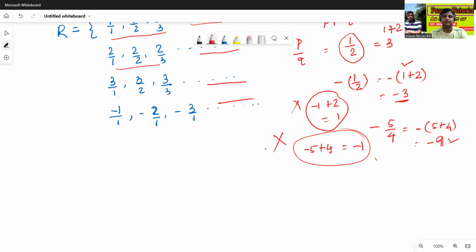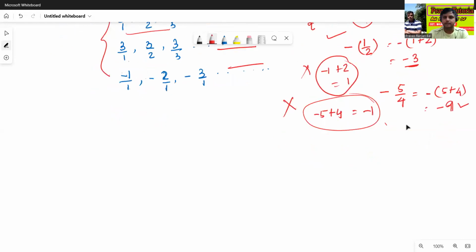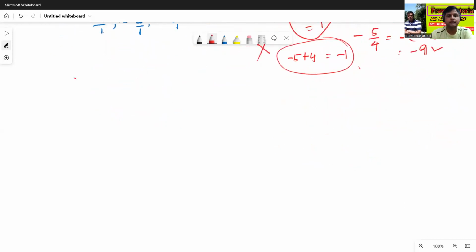Okay. So now we'll start arranging each and every element of the rational numbers based on P plus Q values. Okay. So see, the first value is 1. How to get the first value?